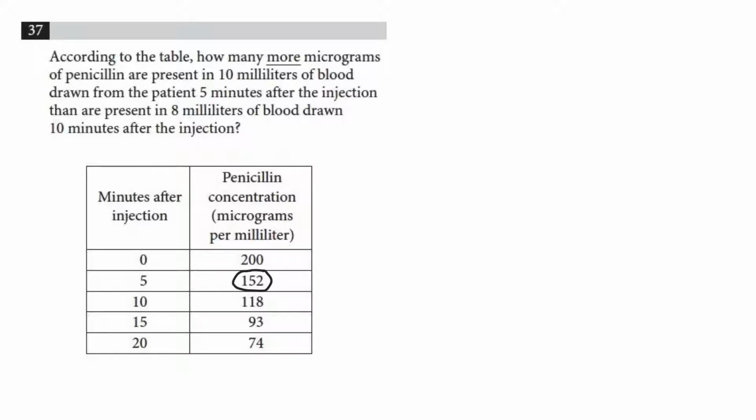And if you have 10 milliliters, we'll call it A, the first case, there will be 10 milliliters times 152 micrograms per milliliter. That's going to be a total of 1,520 micrograms.